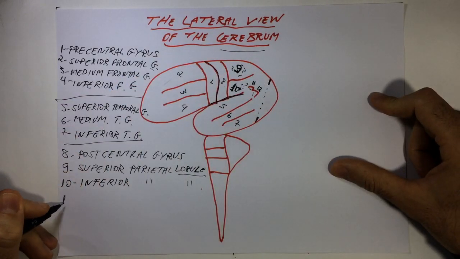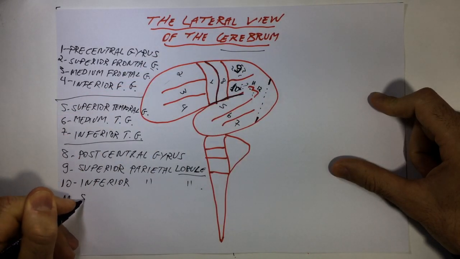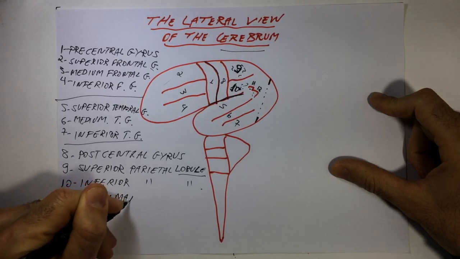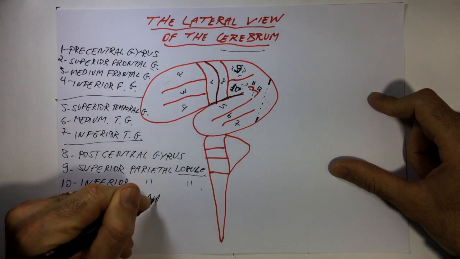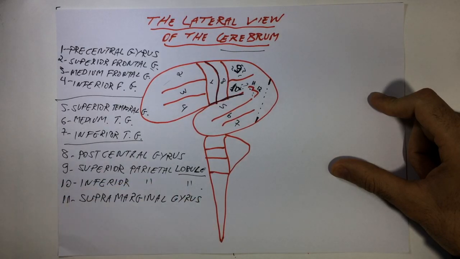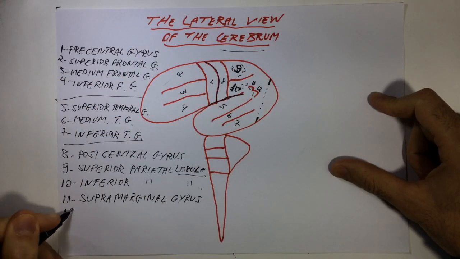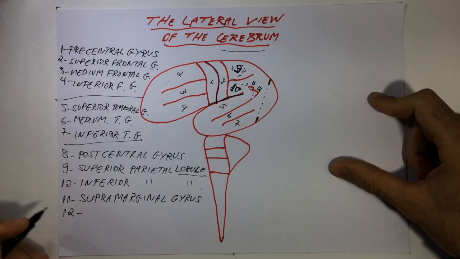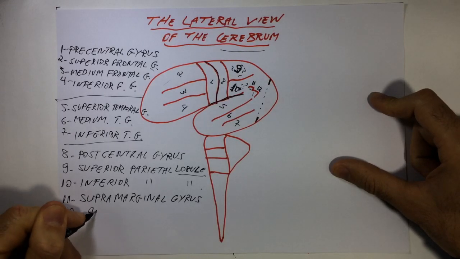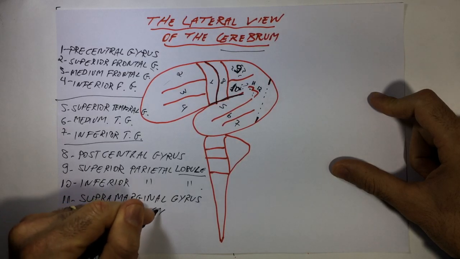So 11 would be the supramarginal gyrus, and this one here, that is actually very important for one of the functions that we're going to talk about in a little while, is called angular gyrus.